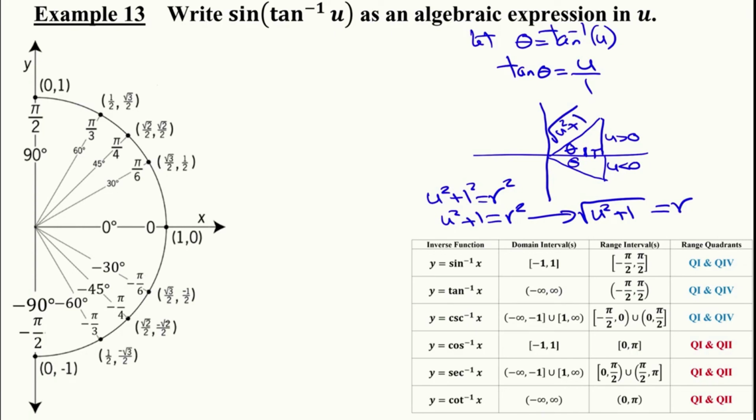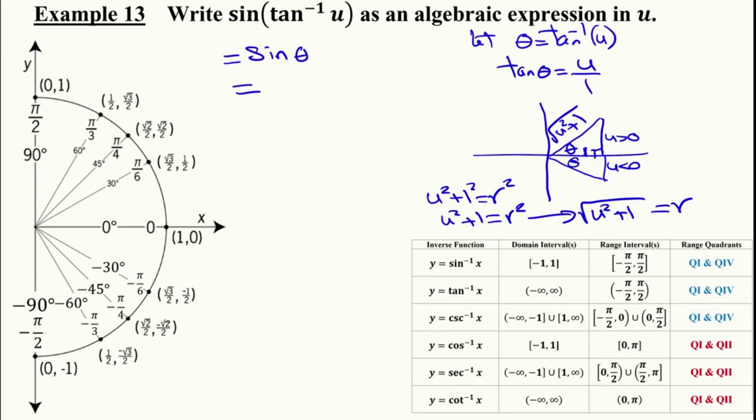So remember that we want the sine of this angle theta, because we called arctan of u theta, right? So basically we're interested in sine of theta, correct? So now look, regardless of whether it's positive or negative, sine of an angle is opposite over hypotenuse, right?